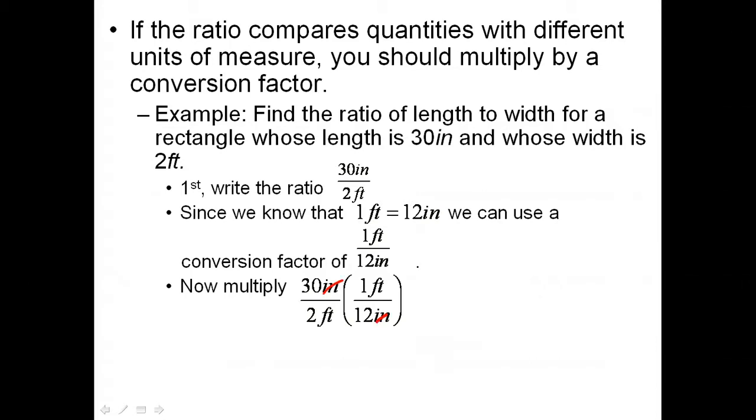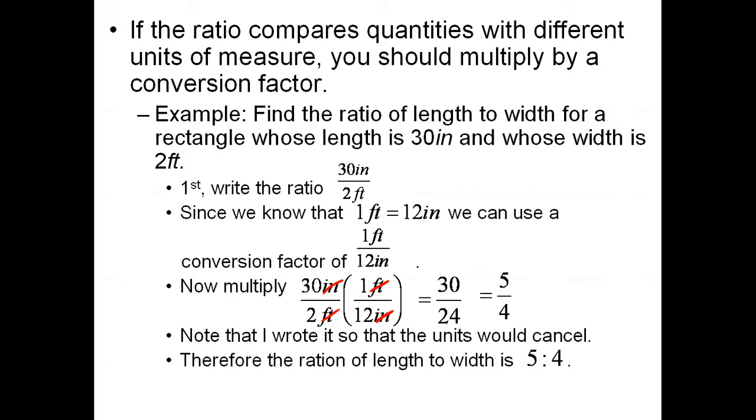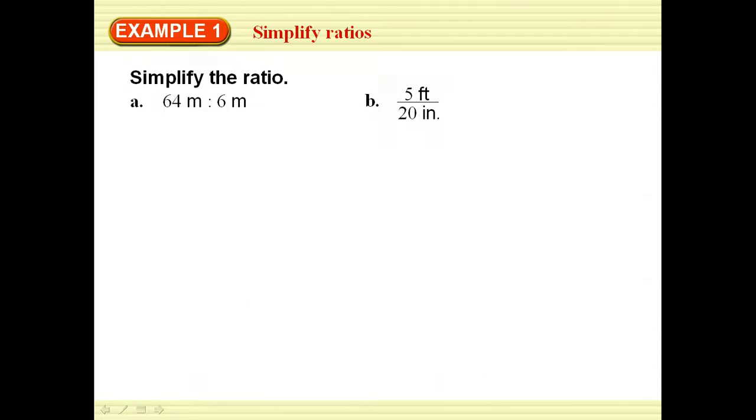That's so that the inches would cancel, the feet would cancel, and I would then have simply 30 over 24. All of my units of measurement cancel out, so it is a true ratio. Then I can reduce that to 5 over 4, which means my ratio of length to width is 5 to 4. Let's look at a couple more examples.